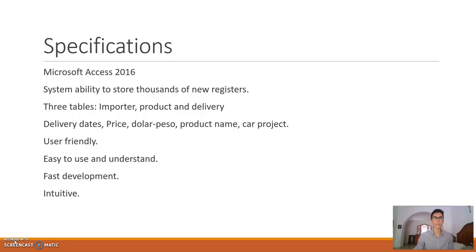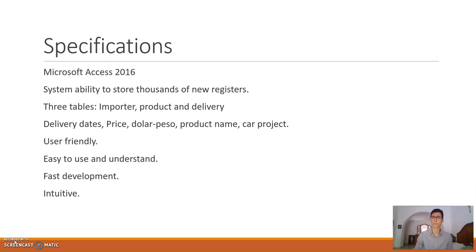So going on, I will say the specifications. I decided to do this system on Microsoft Access 2016. I also must have the system able to store thousands of new registers. This database must include three tables. One is the importer, the second one the product, and the third one the delivery.